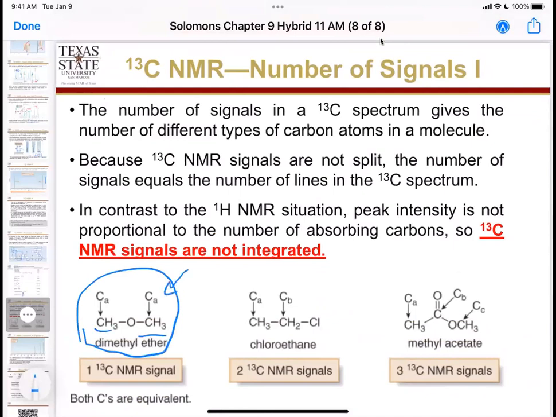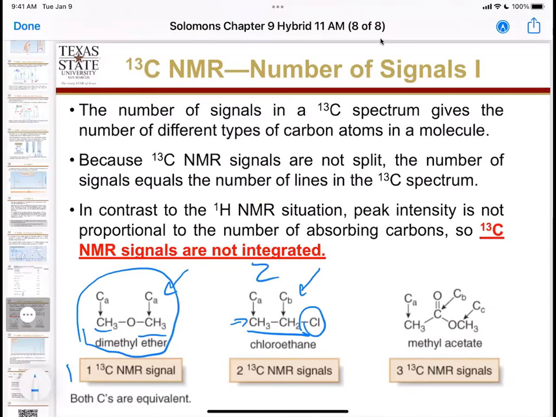If they have the same signal in hydrogen, they're going to have the same signal in carbon. So this is only going to have 1 carbon signal. Now, when we have 2 carbons here and we put a chlorine on one, that carbon is going to be further downfield because it's bound to the chlorine, and it's different than this carbon. So we're going to have 2 signals.